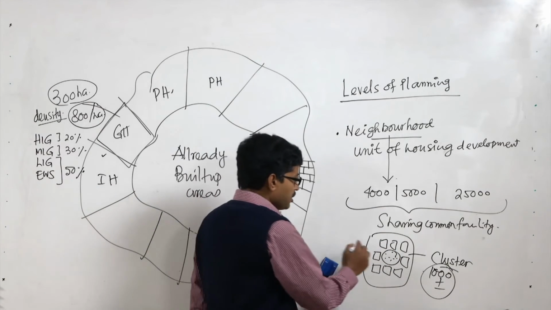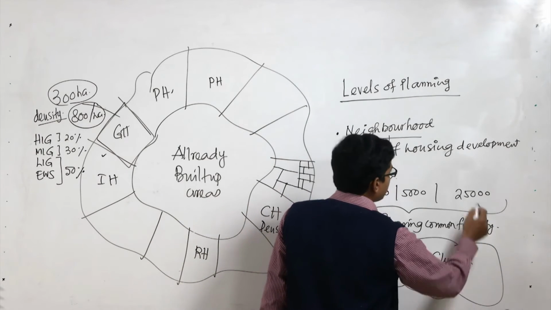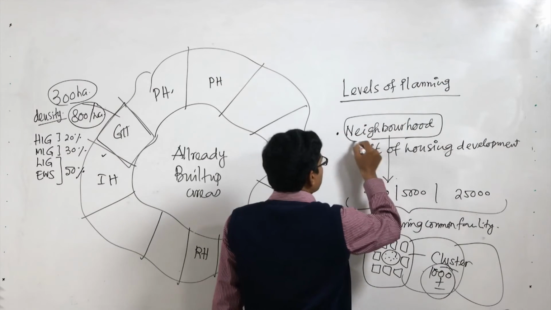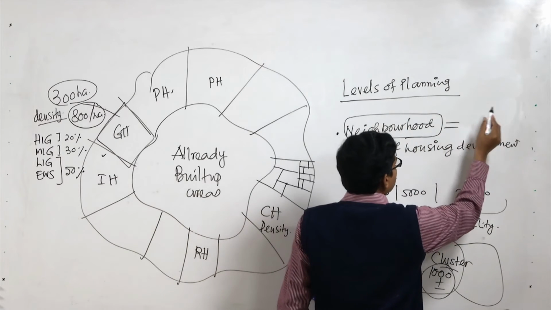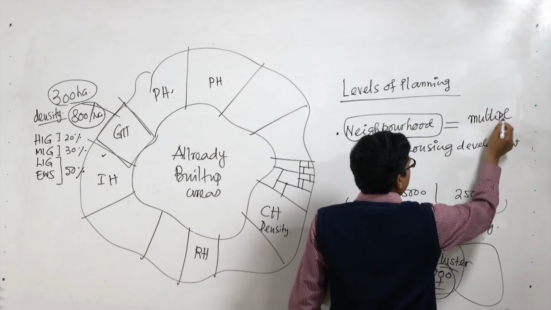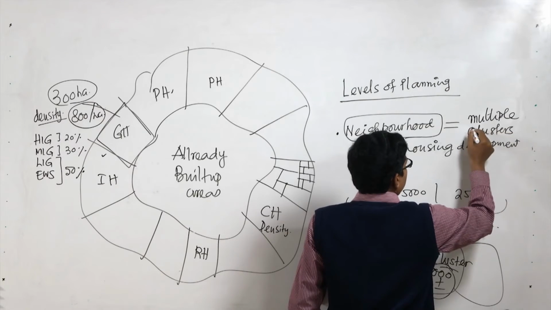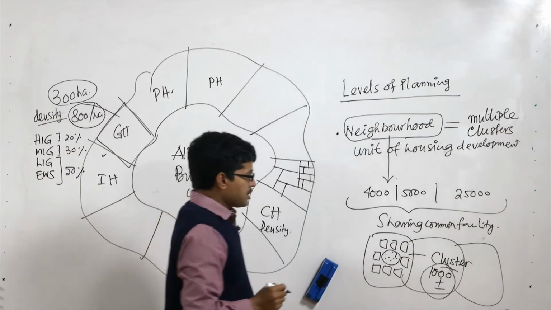Multiple clusters can form one neighborhood. So, multiple clusters make a neighborhood.